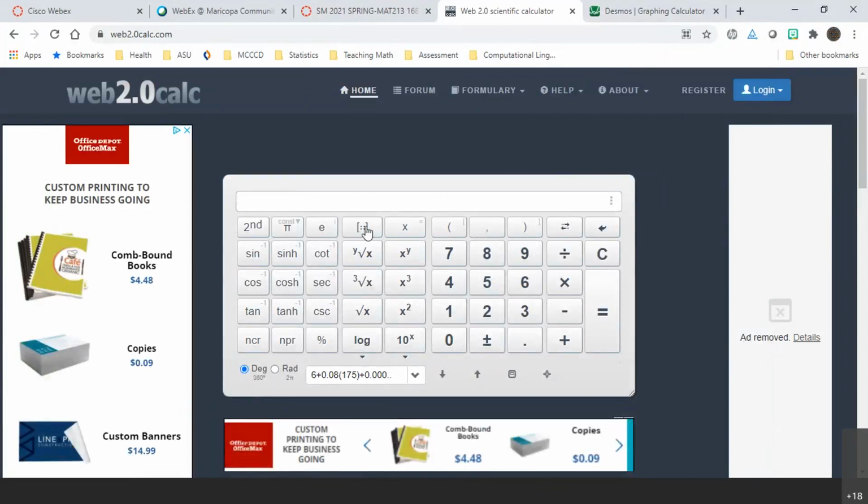So that's 37.791 times 1.021. And then I want to raise that to a power, the x to the y key. The first one's 20. Check that it looks like what you expect up here.